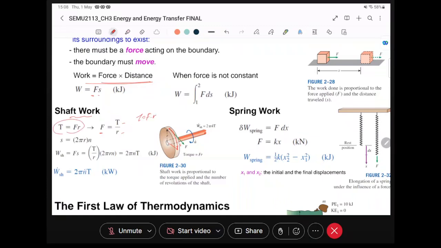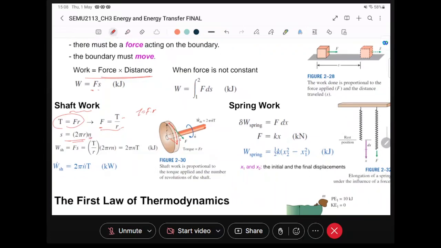So force equals torque over radius, and the distance, the circumference distance that results in the displacement, is 2 pi r, which is the circumference, multiplied by how many rotations it has gone through. So then we rearrange everything. The shaft work is basically 2 pi nT. So that's the equation after we rearrange it.